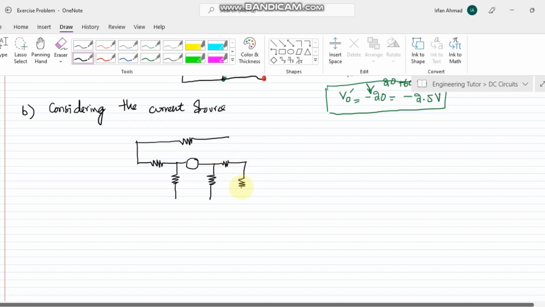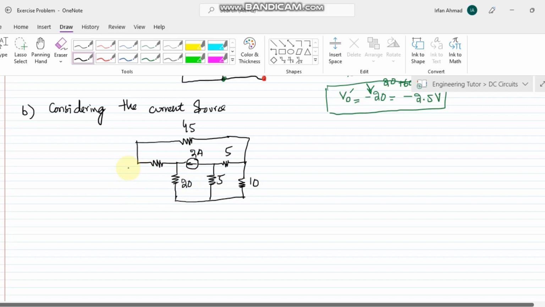This is the case, and the value of this resistor is 45, the current source is of 2 amperes. This is 5, 5, 10, this one is 20.